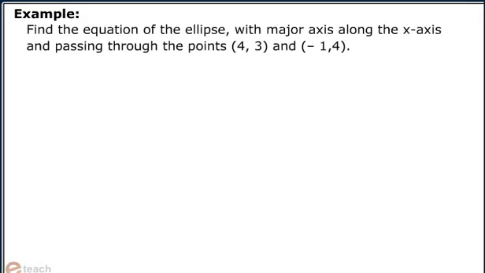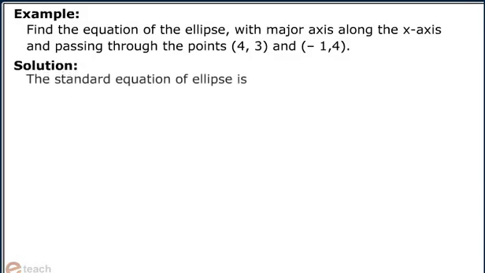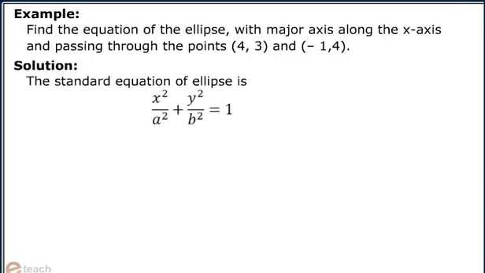Example. Find the equation of the ellipse with major axis along the x-axis and passing through the points (4, 3) and (−1, 4). Solution. The standard equation of the ellipse is x²/a² + y²/b² = 1.